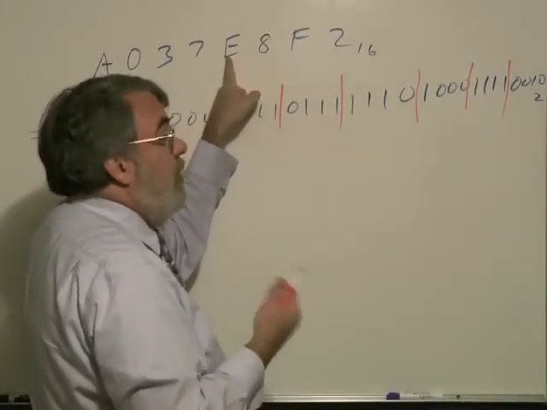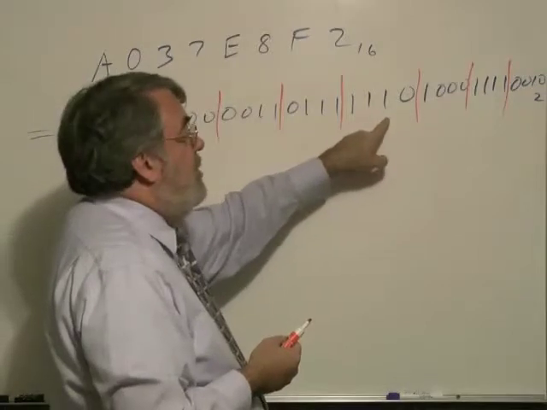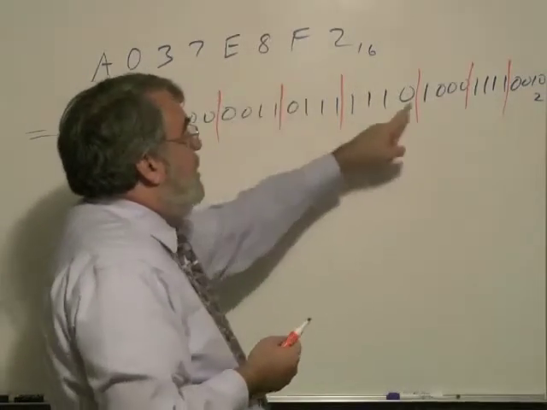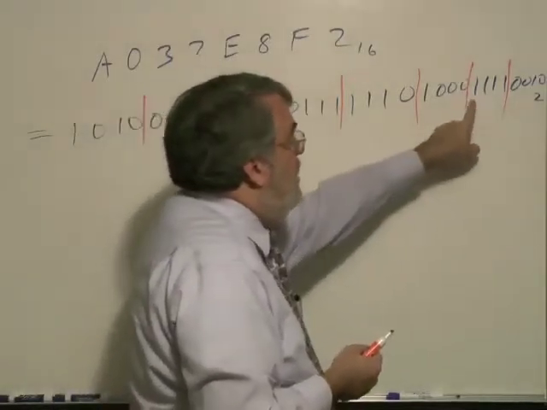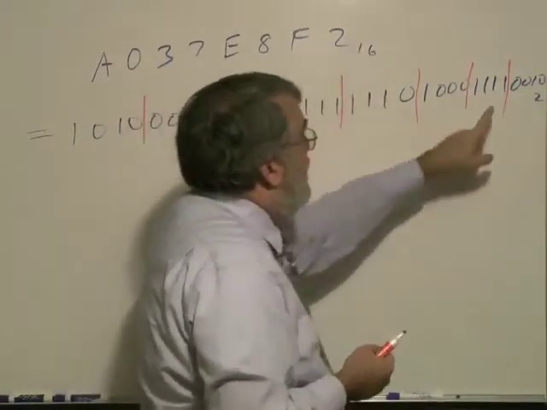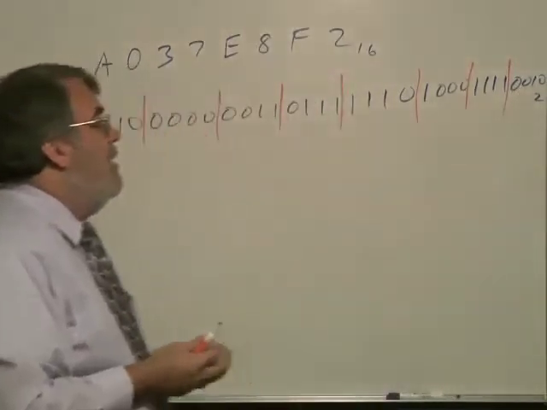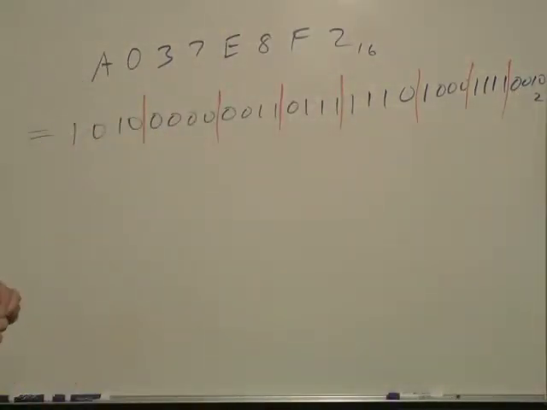E is number 14. That's 8 plus 4 plus 2 plus 0. 8 is 1, 0, 0, 0. F is 15, 1, 1, 1, 1. And 2 is 0, 0, 1, 0. All right, so there it is. And that's what it is in binary form.